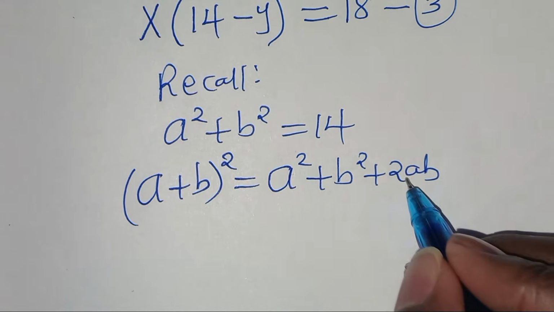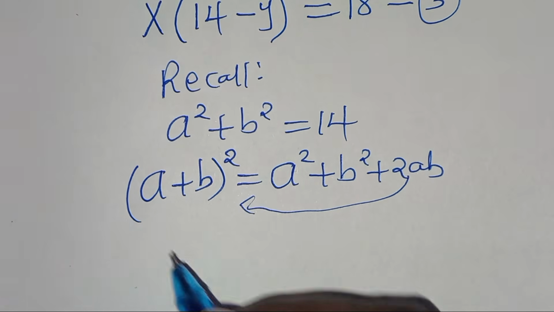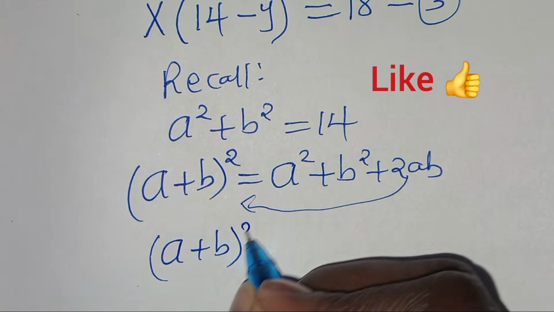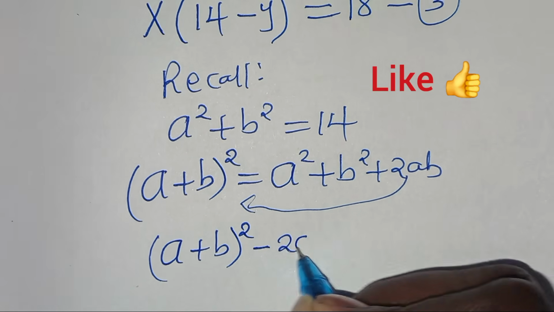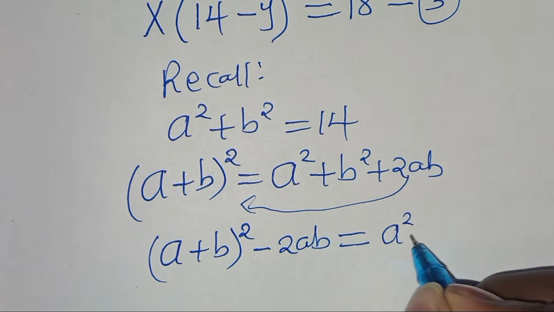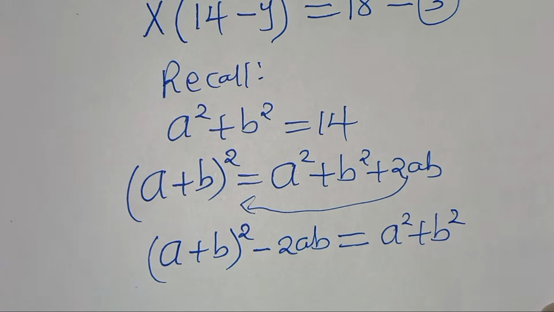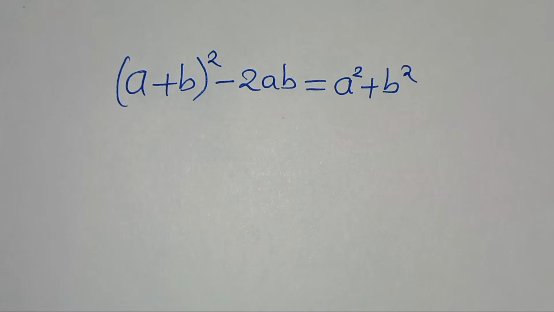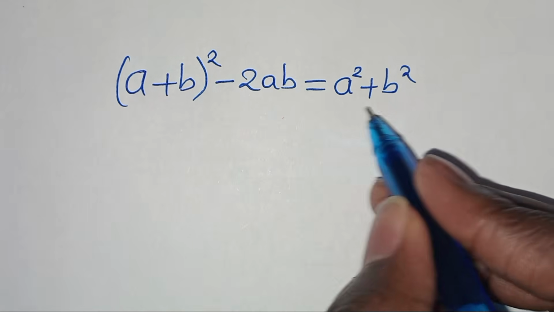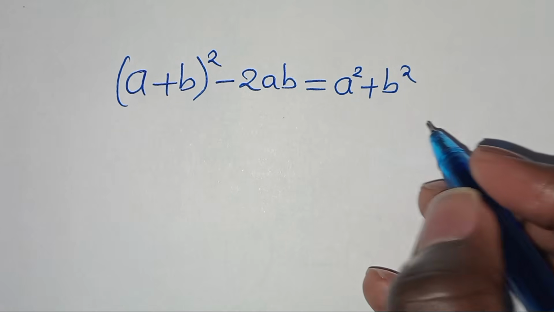Now let's take 2ab on the left hand side so that we have a plus b squared subtract 2ab. This is equal to a squared plus b squared. Now we have a plus b to the power of 2 minus 2ab. This is equal to a squared plus b squared.